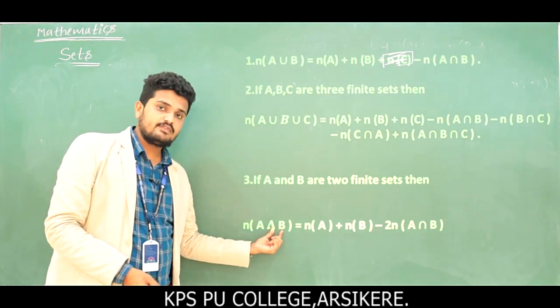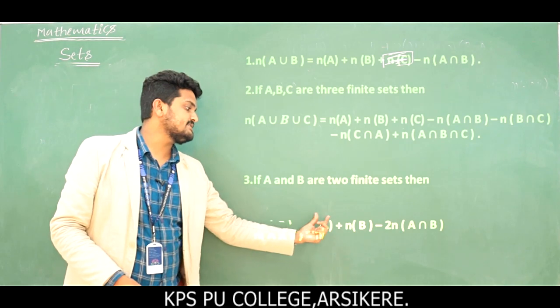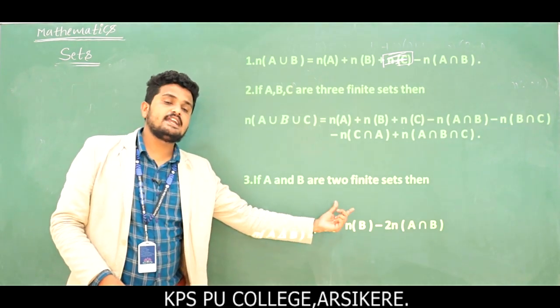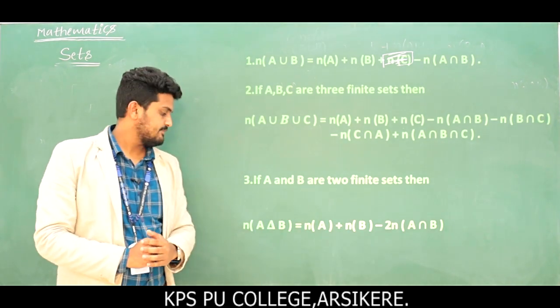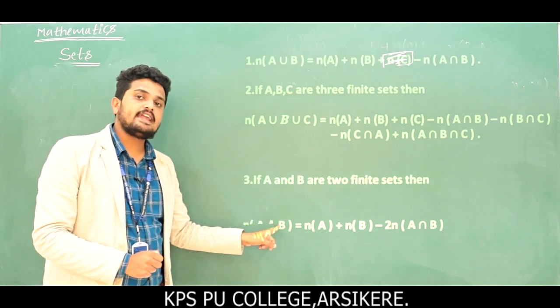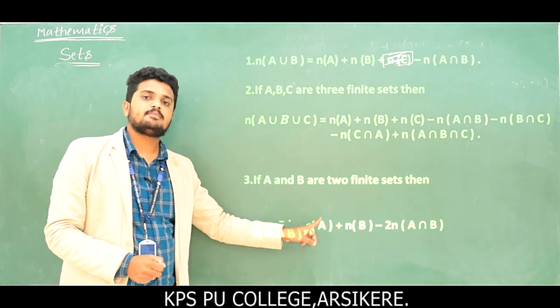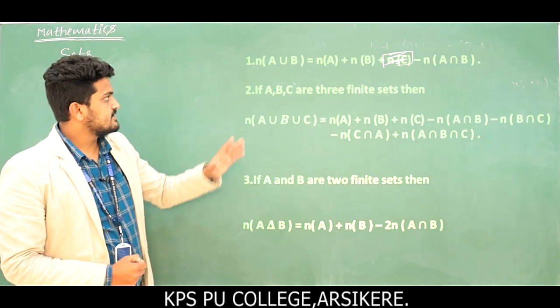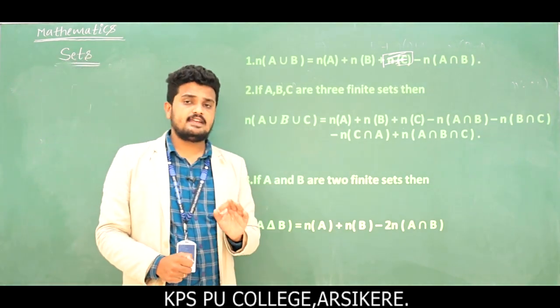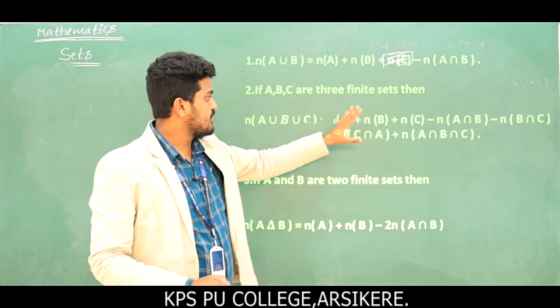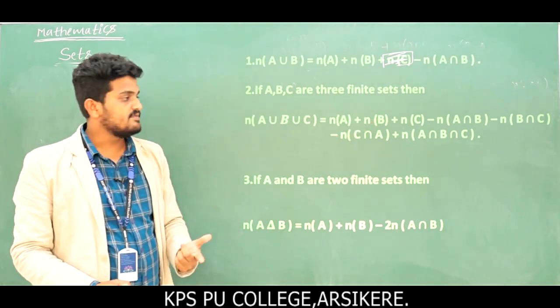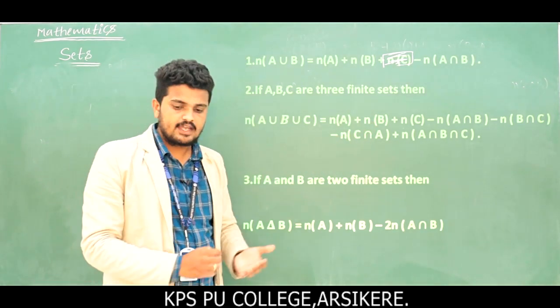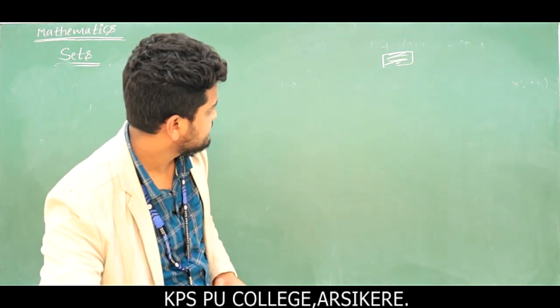A difference B is equal to n of A plus n of B minus 2 into n of A intersection B. It is clear, right? So n of A difference B is equal to n of A plus n of B minus 2 into n of A intersection B. So these formulas are very very important. The next problems will be based on these formulas, and there you will understand. Okay, so next problems.